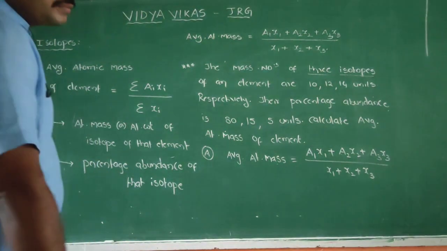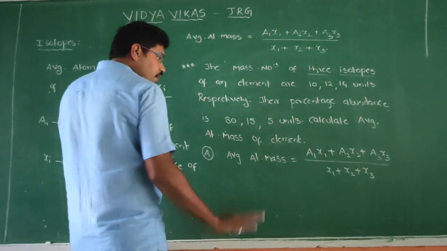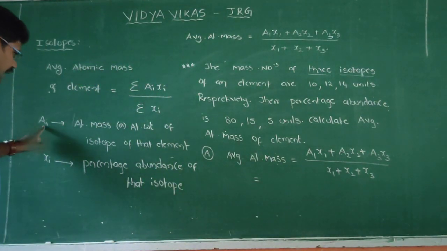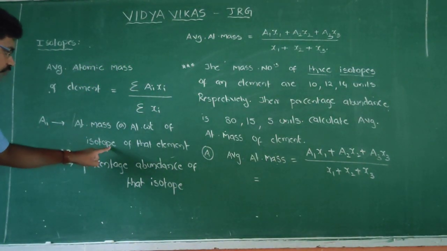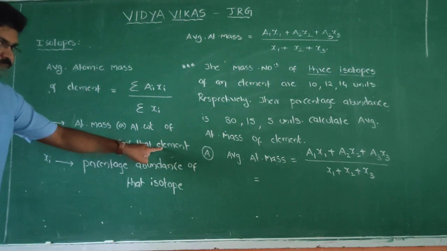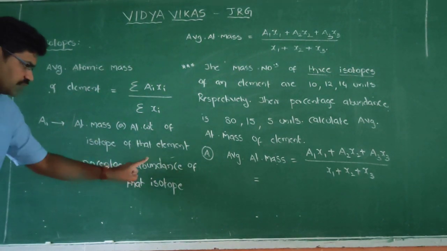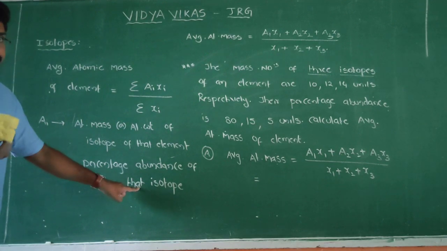Is it clear? Students, is it clear? Now, what is A, sir? Atomic mass of isotope of that element. Sir, what is x, sir? The percentage abundance of that isotope.